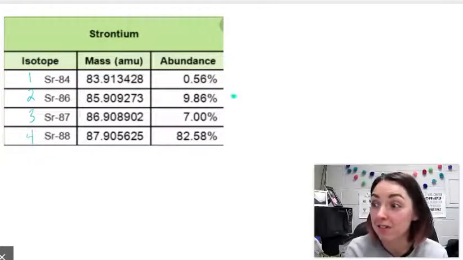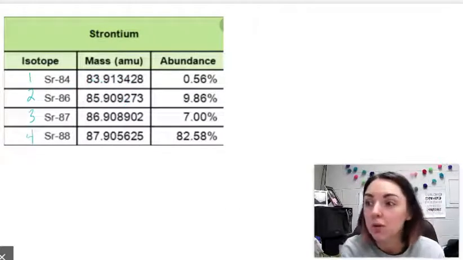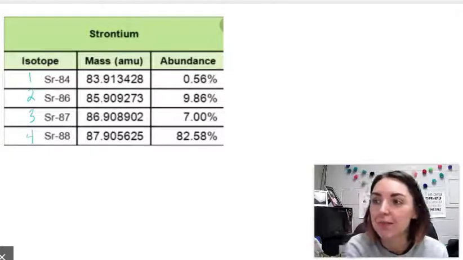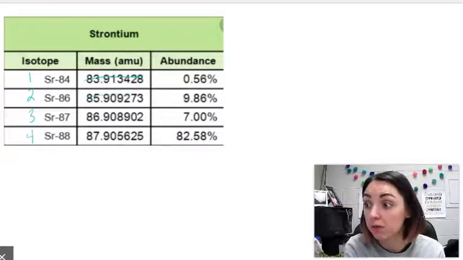That's why instead of 84, it's 83.9, and instead of 86, it's 85.9. For the sake of simplicity here, I'm just going to use the whole number.